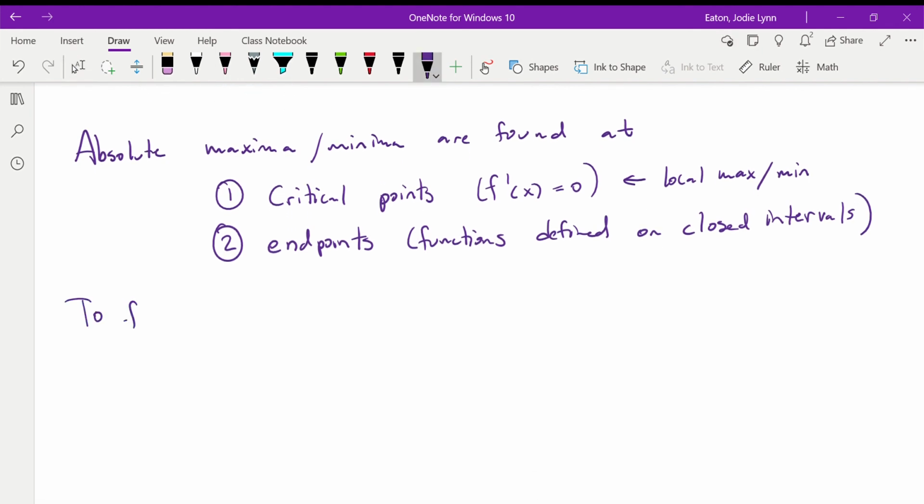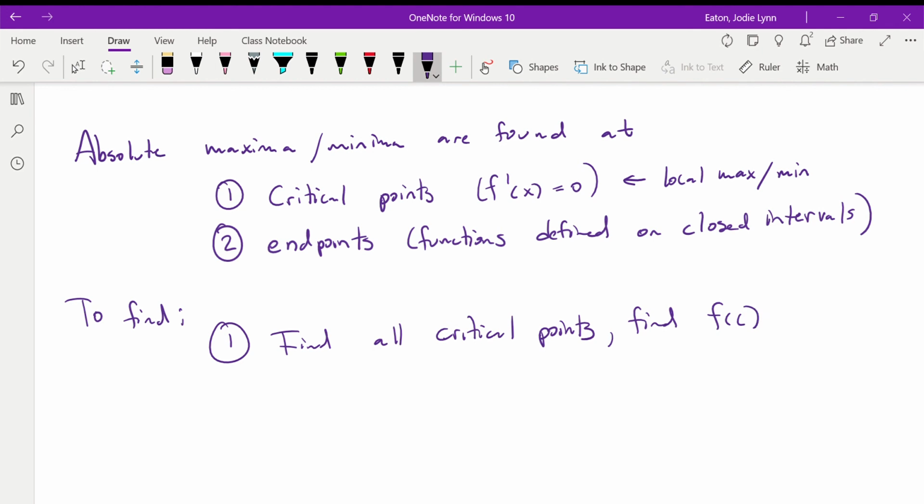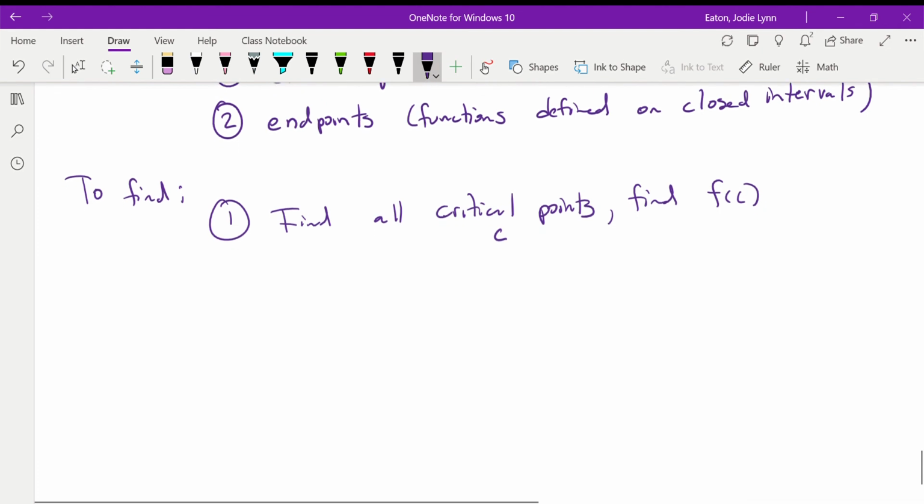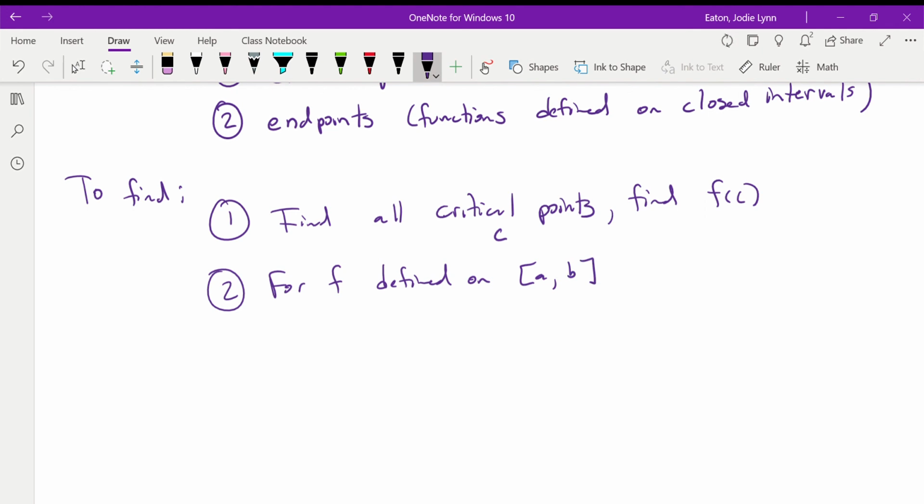So the first thing you do, number 1, is find all critical points. Then find f of c for all c that is a critical point. Find all critical points c, and then find f of c. Number 2, for f defined on [a, b], find f of a, f of b.